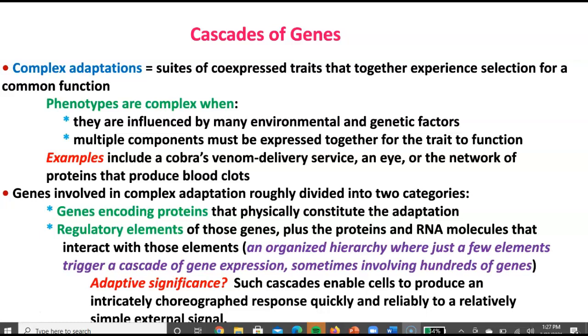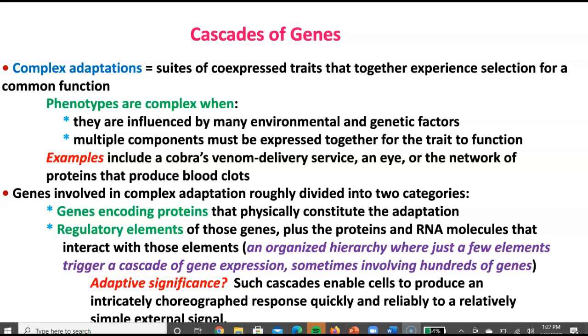So some examples, well, let's get some examples down below, but we can consider phenotypes to be complex when A, or blue asterisk, they are influenced by many environmental and genetic factors. They're not simple traits, they're complex in this regard.